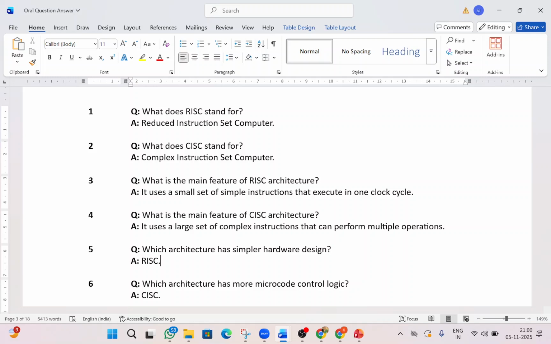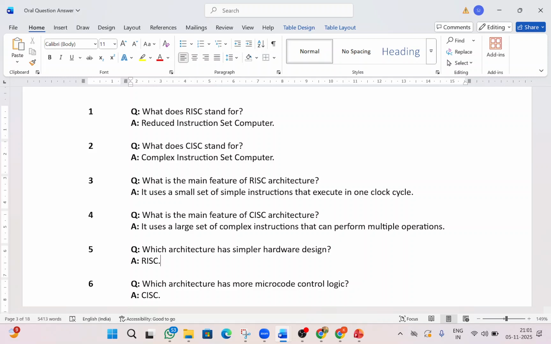The focus of RISC is speed and efficiency. By keeping instructions short and simple, it can complete them faster and easily implement pipelining. So it is a simple instruction that executes in one clock cycle.